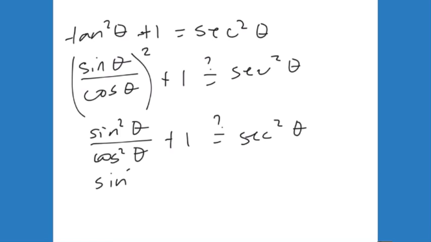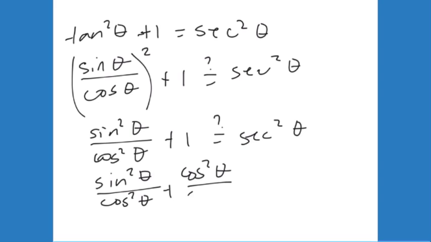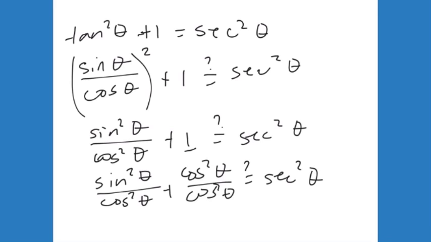So we have sine squared theta over cosine squared theta plus, since our denominator is cosine squared theta, we use cosine squared theta over cosine squared theta, which gives you, of course, a 1. Then is equal to secant squared theta, and apply the addition property, add the numerator, then copy the denominator.